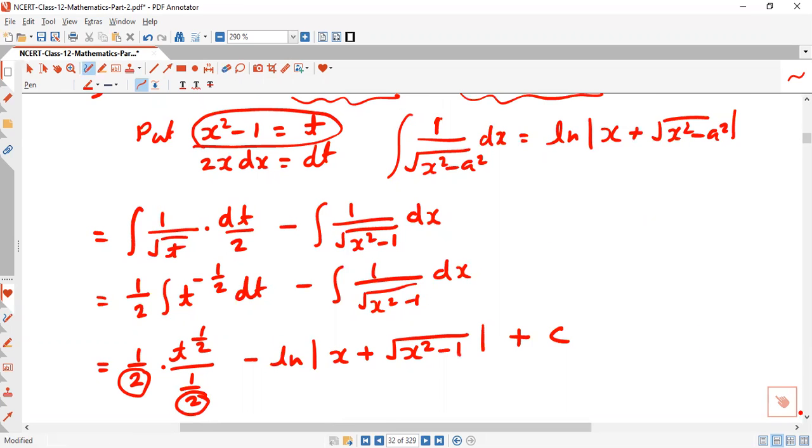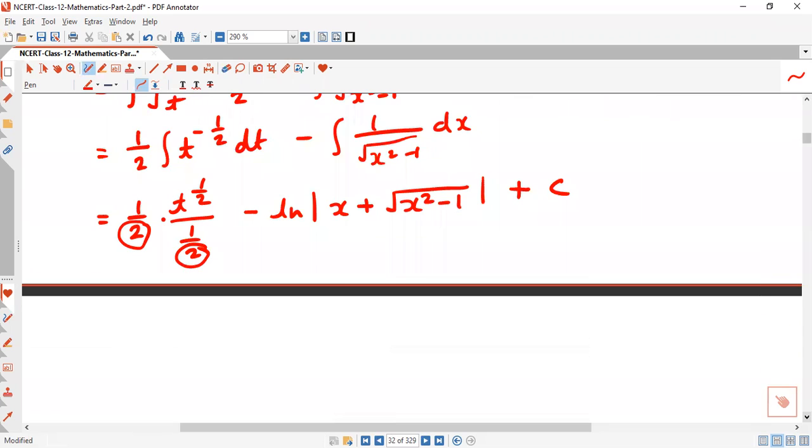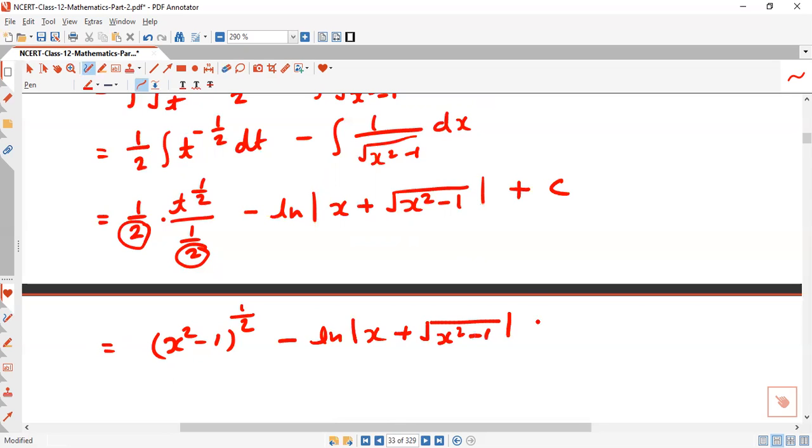So put the value of t, x square minus 1, in the answer: x square minus 1 whole raised to half, not power half, minus log mod of x plus under root x square minus 1, plus some constant c. So this is the answer of this question.